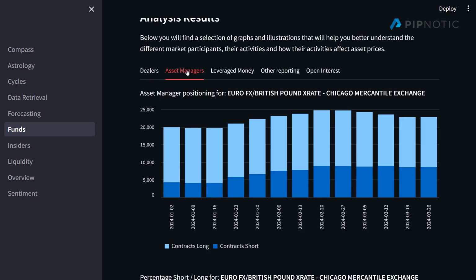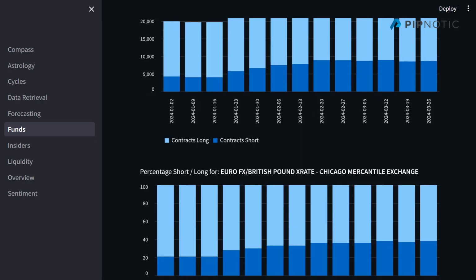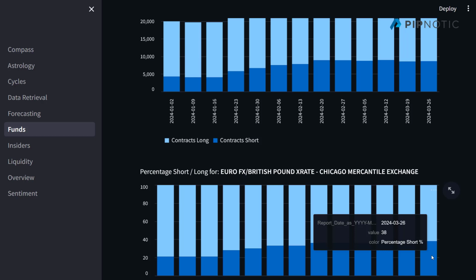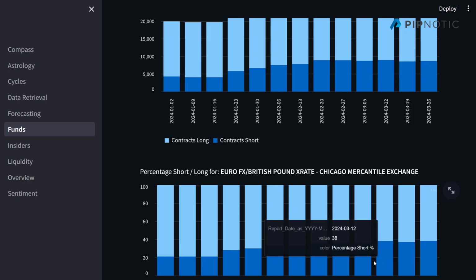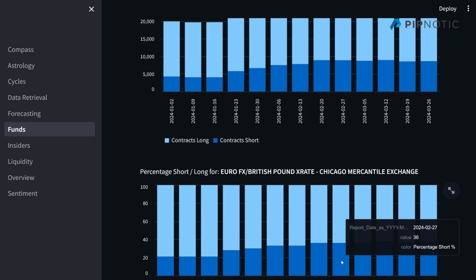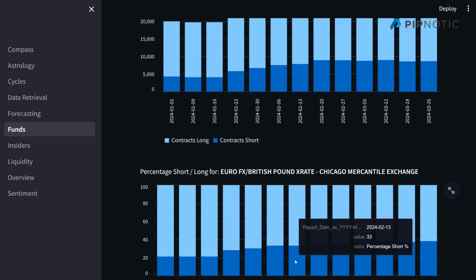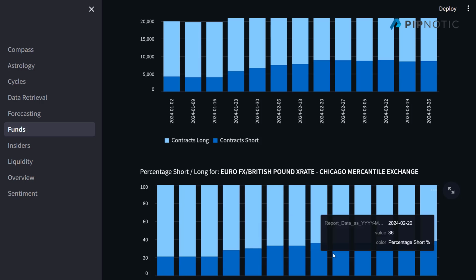So if we go to the asset managers and see what the speculative money is doing, we'll start with the asset managers. You can see here that we have an ever increasing number of sellers relative to the buyers. So currently 38%, 37, 38, 36, 36, 36, 33, and you can see that it's ever increasing.